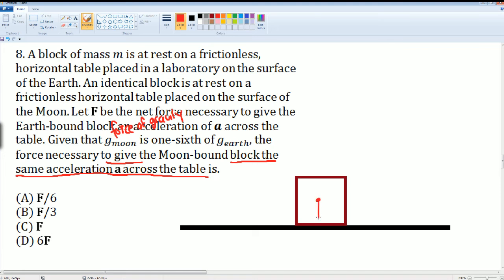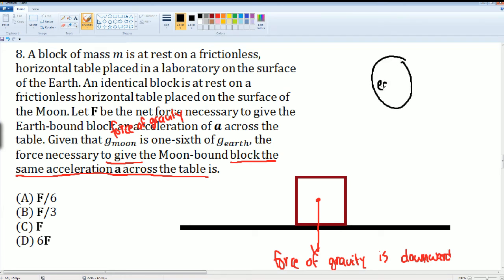Force of gravity is always downwards, towards the center. You see how we're on the planet Earth, and there's a force down toward the center. Here's the surface, here's the block. Do you see how it's going down? It's going towards the center of Earth, but it's always pointing down.